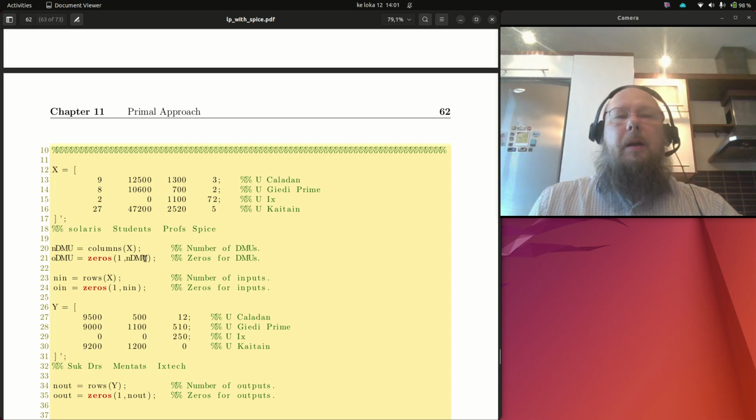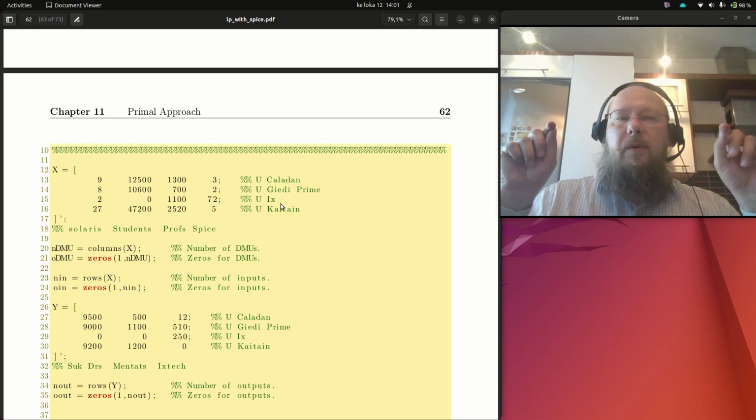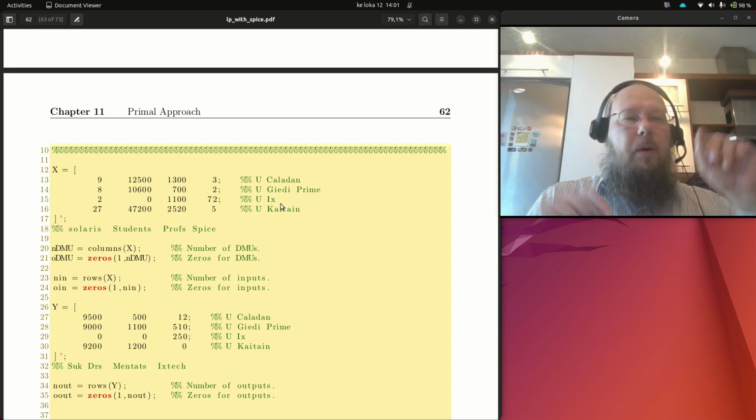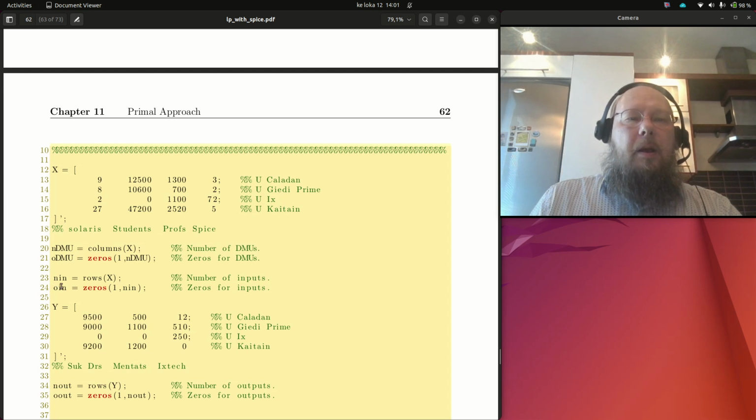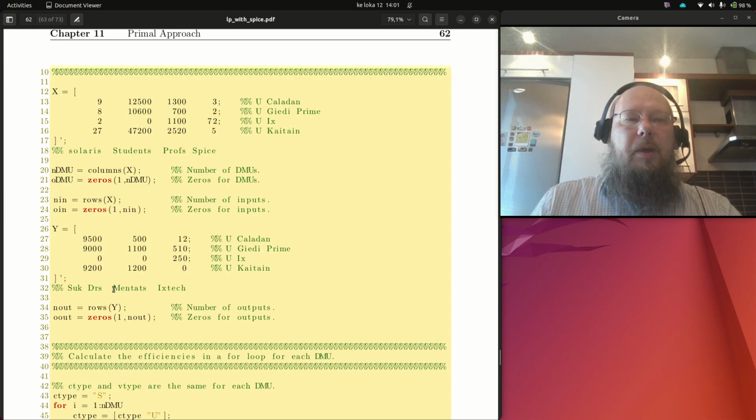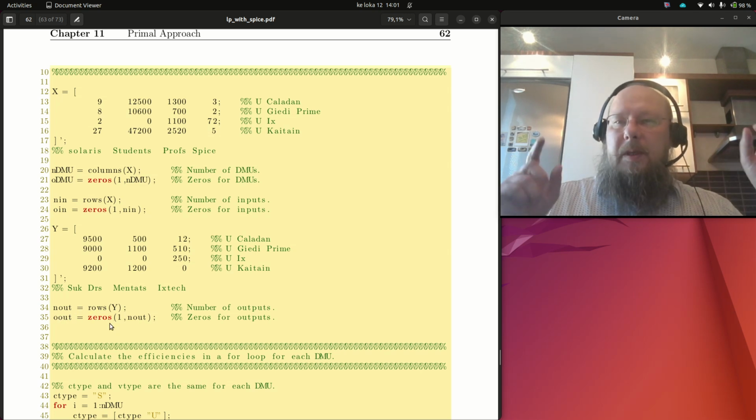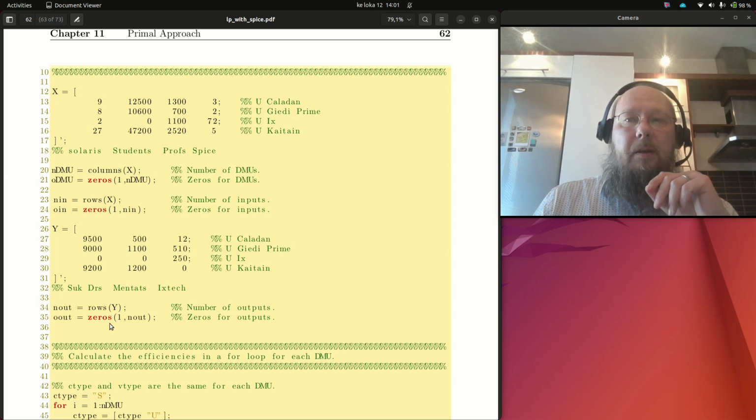When the number of DMUs is 4, this is just 4 zeros on a row or a column, I don't remember which way. N in is the number of inputs, so that's the rows of x. O in is the zeros for the inputs. N out is the rows of y, the number of outputs. And O out is the zeros for each output. These are shorthand notations basically.